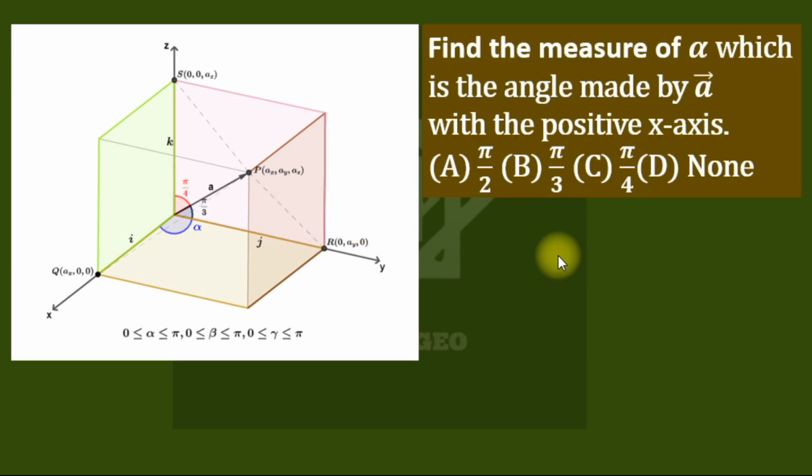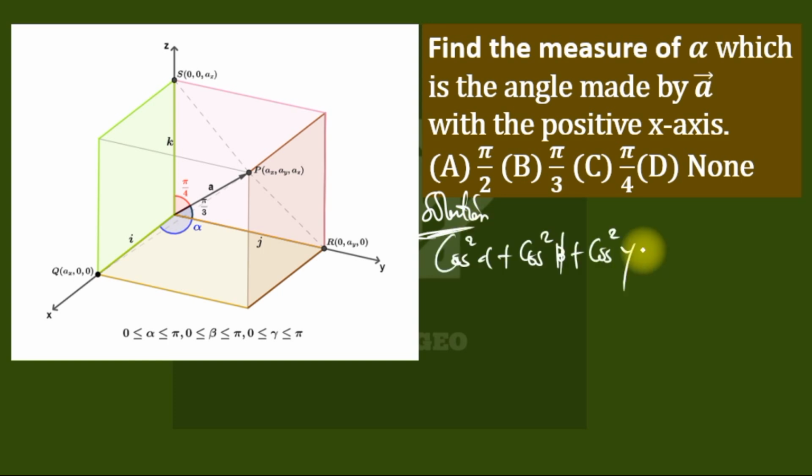So let's go back to the question. We are looking for alpha, but we know that cos squared alpha plus cos squared beta plus cos squared gamma is 1. So that's what we are looking for.